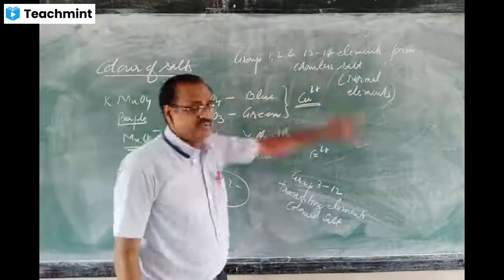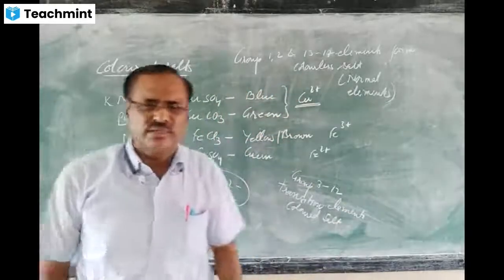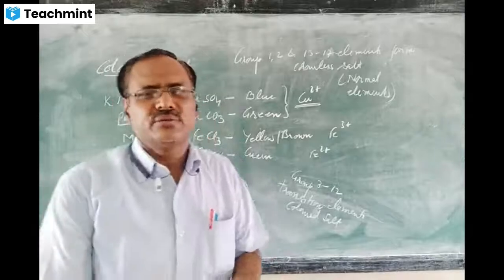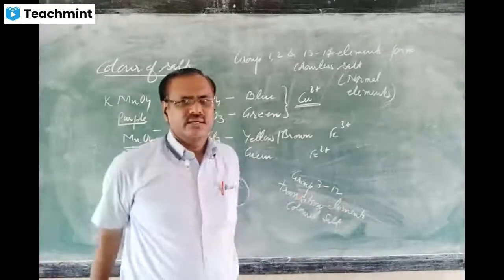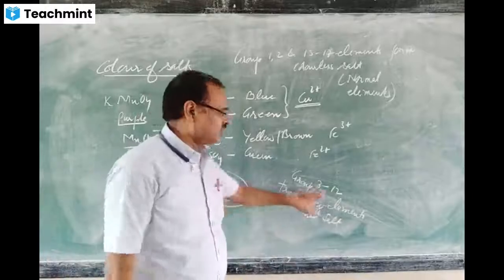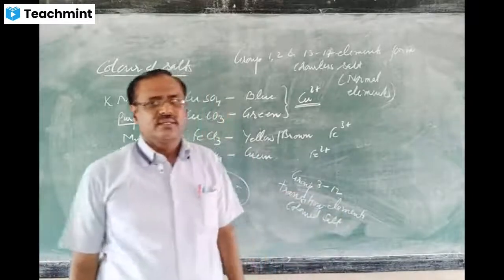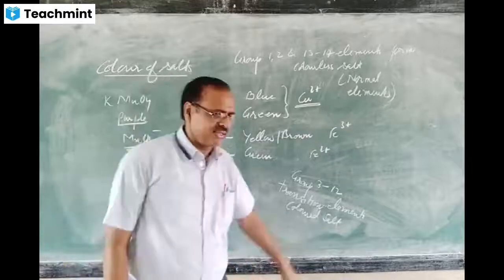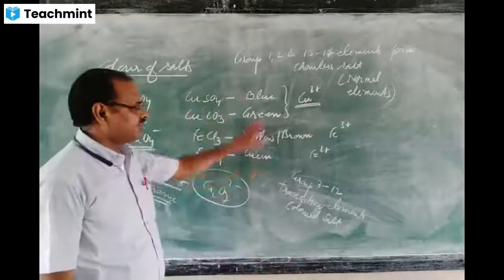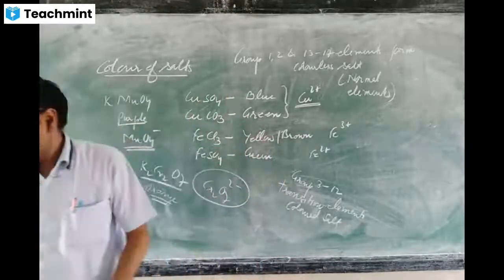So from group 1, 2 and then 13 to 17, normal elements will form the colorless salt, and from group 3 to 12, that is transition elements or transition metals, they will form the colored salt. Here you have seen that they are from the transition elements.